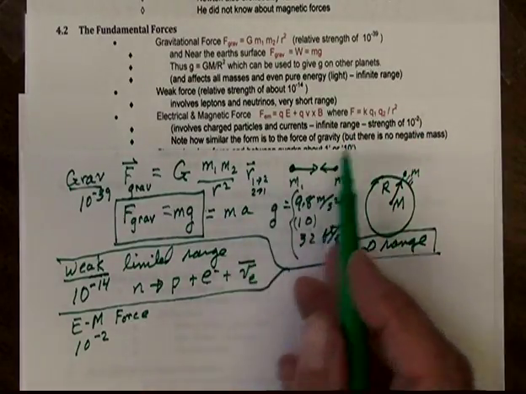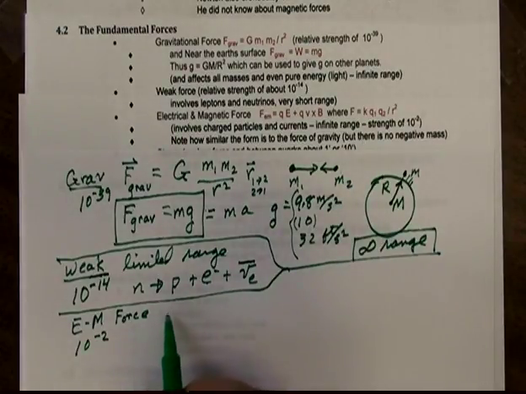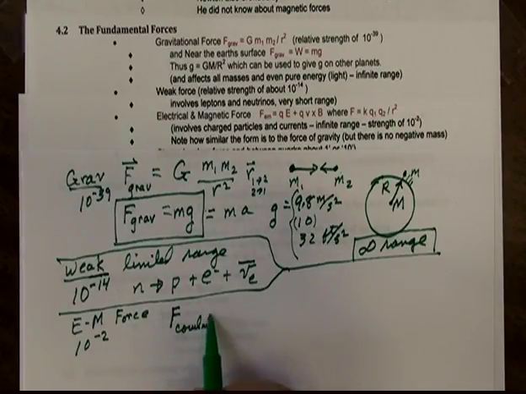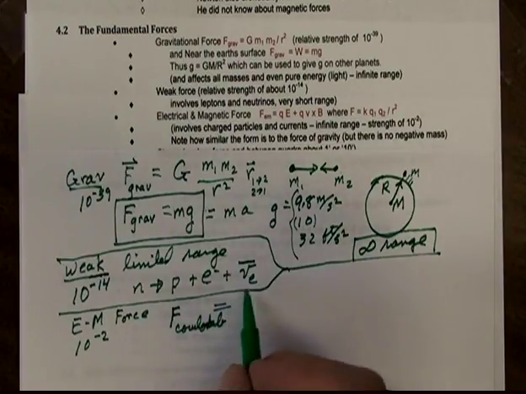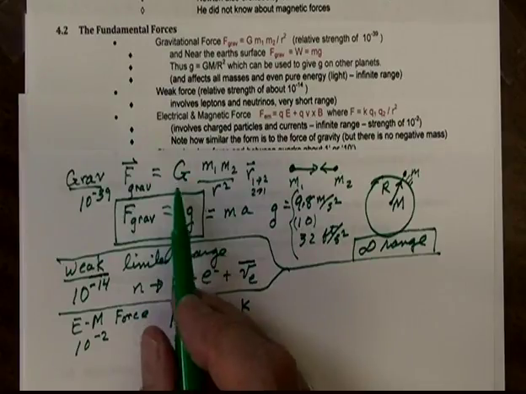I want to write out what the force is electrically. The force due to the electrical attraction of two particles is called the Coulomb force. The Coulomb force is given by a constant K, very similar to this equation here.